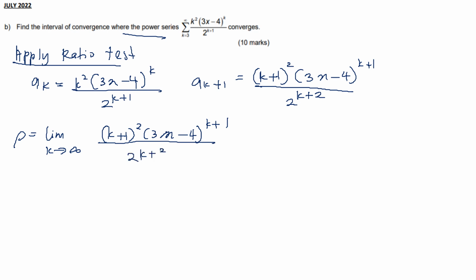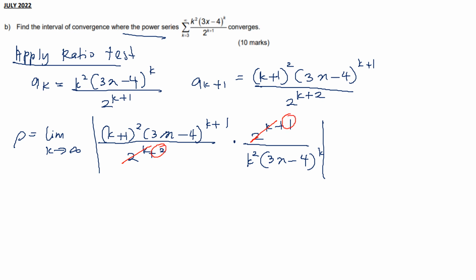Actually this one is a power, a bit confusing later. Times 2 to the power of k plus 1 over k squared (3x minus 4) to the power of k. Don't forget to put the absolute value, and then you can simplify this one. 2 to the power of k with 2 to the power of k, we still have 2 to the power of 2 and 2 to the power of 1. This one (3x minus 4) with k, we still have 1.